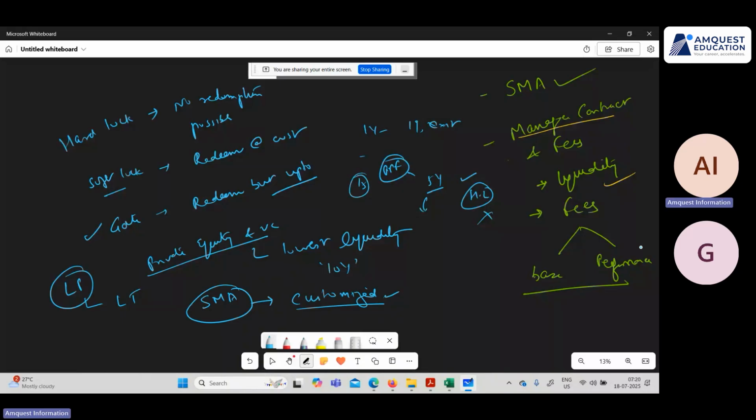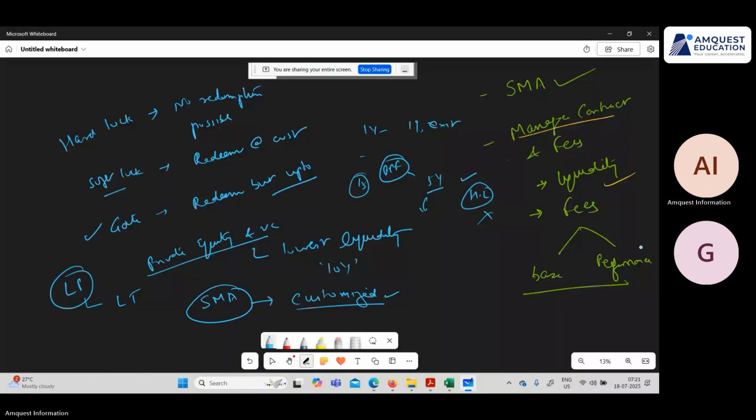So there is no problem with liquidity in SMA, because when I create the product and have total control over it, I would know how much money I am going to need in another 6, 12 or 18 months. Accordingly, I can allocate the money in such a way that I will be able to redeem it in that period of time.